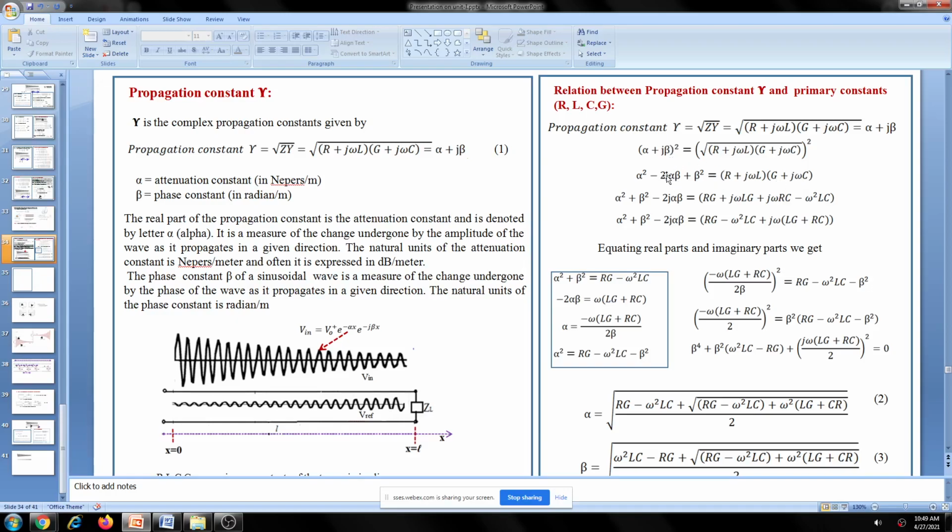This is the squaring of this. Next you expand it and multiply, and you will be getting this equation.